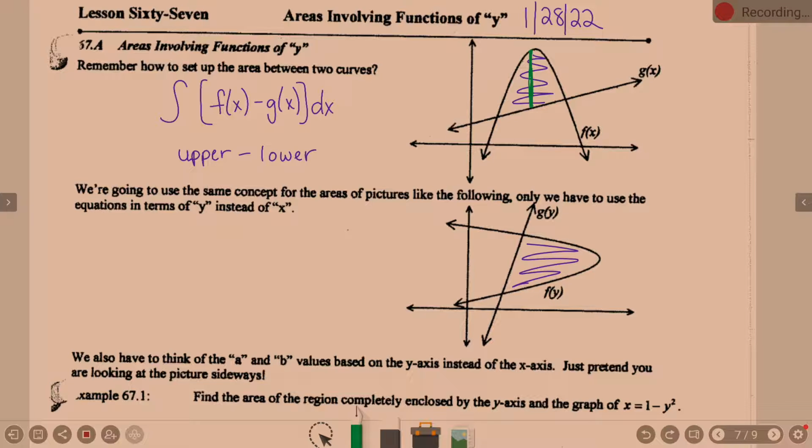So they are vertical rectangles, and those rectangles represent dx. Whereas when we're doing right minus left here, our rectangles are going to be sideways rectangles. And those rectangles represent dy because there's infinite little rectangles there that we're going to sum up.